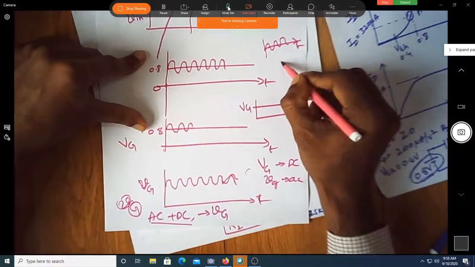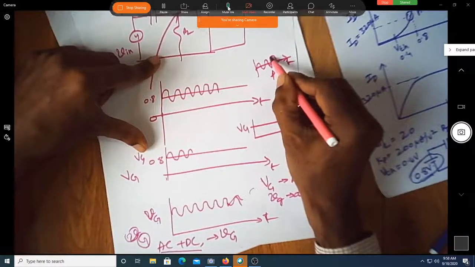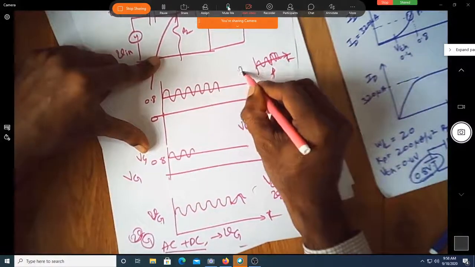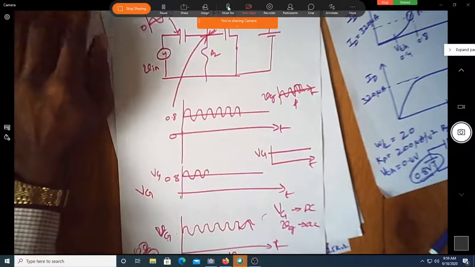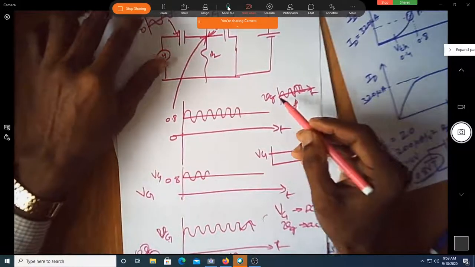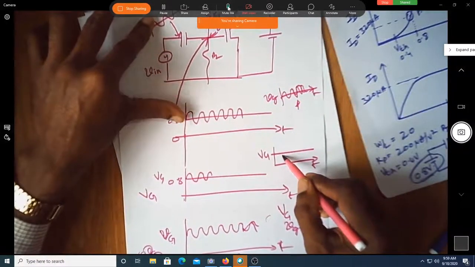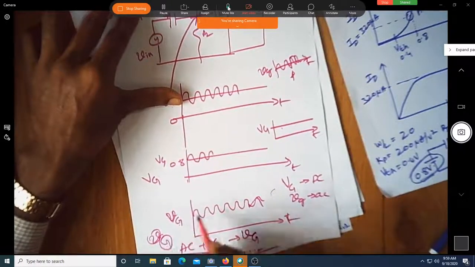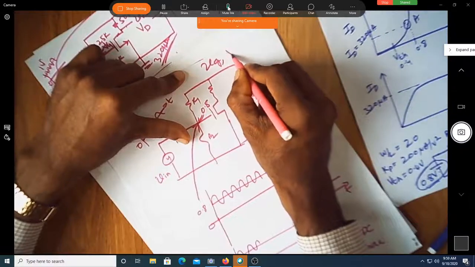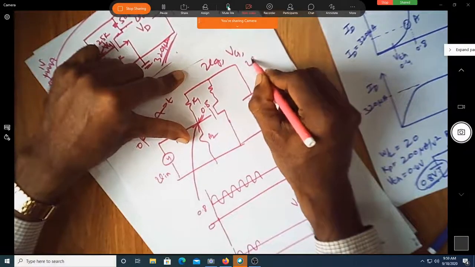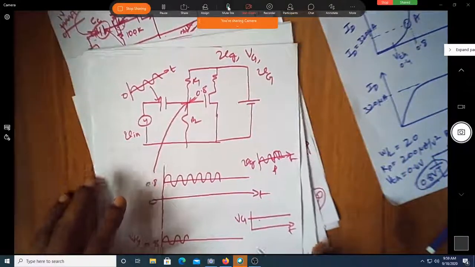It's a pure sine, then it is small vg. Correct? Small vg doesn't have any DC component. This is only DC. This is AC plus DC. This is how we represent. Small vg is AC signal, capital VG is DC signal, small v, capital G is AC plus DC. Correct?